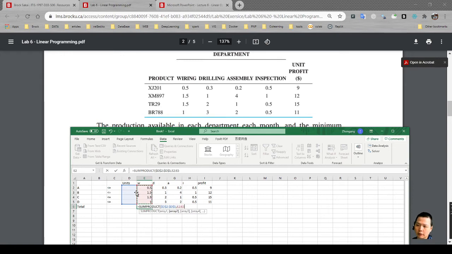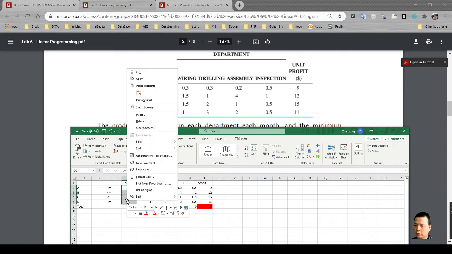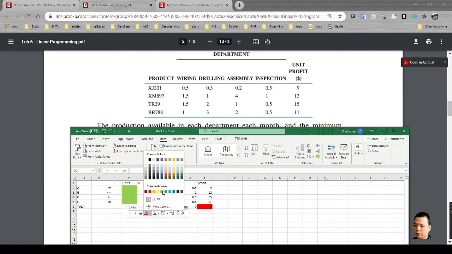So it will calculate respectively and sum them together. So this is called SUMPRODUCT. Okay, then we can drag it to the right. Just double check. Let's go back. Your number of units times unit profit. So this one would be our objective function, right? And we have four decision variables here.